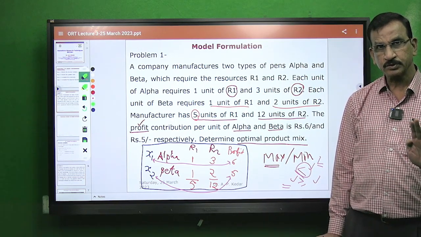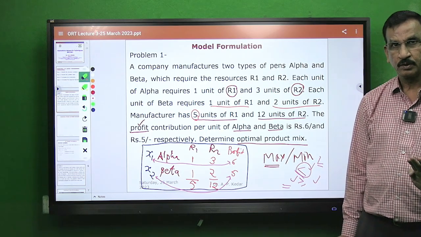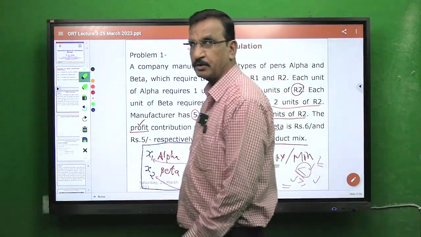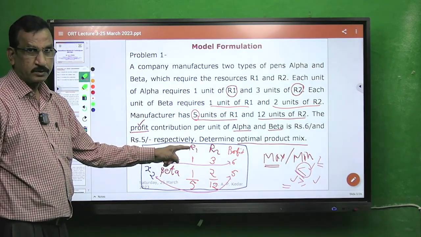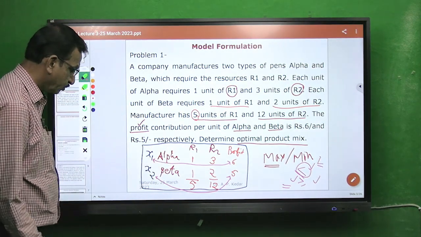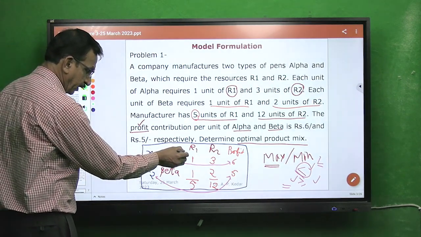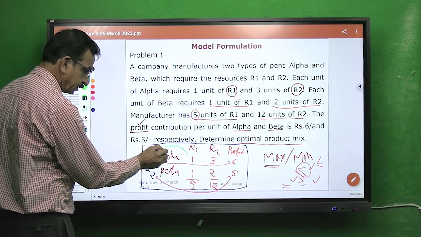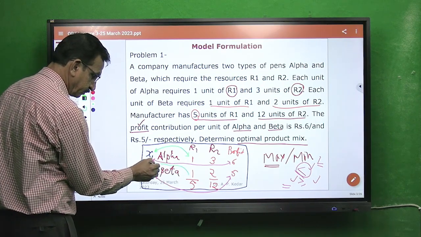So the sign for this constraint will be less than equal to. And how will be left hand side of the constraint? We will see that this R1 is needed for both alpha and beta pane. So here what we have to do is cross multiply like this.